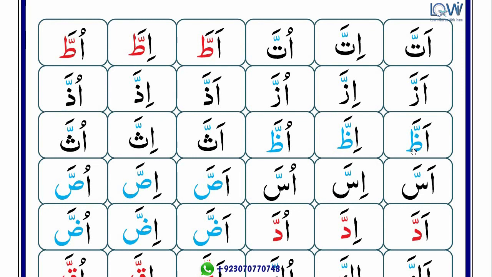Next letter is dha. We will read it with a thicker voice because dha is a musta'aliya letter and we can't read this letter with a whistle sound like azza. It will be wrong. We will read it adha. So let's read with spelling. Hamza, dha, zabar al. Dha, zabar dha, al.